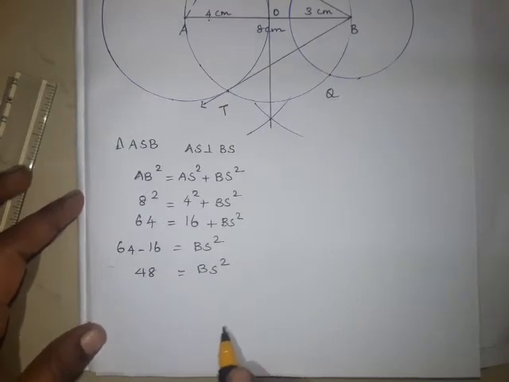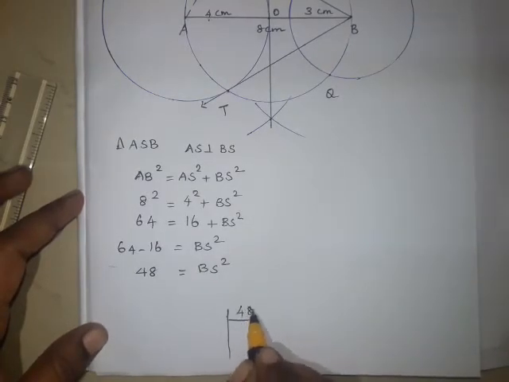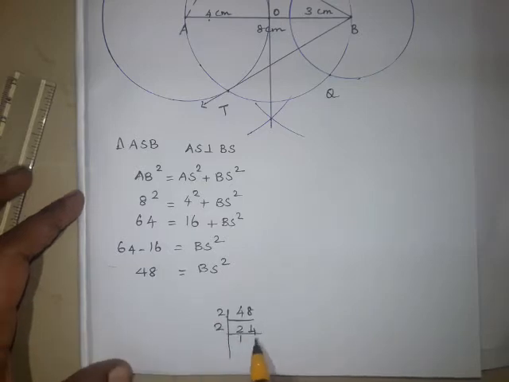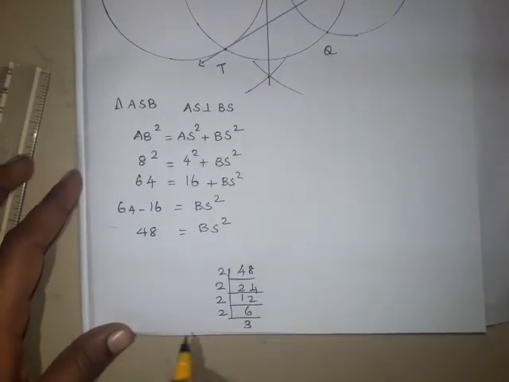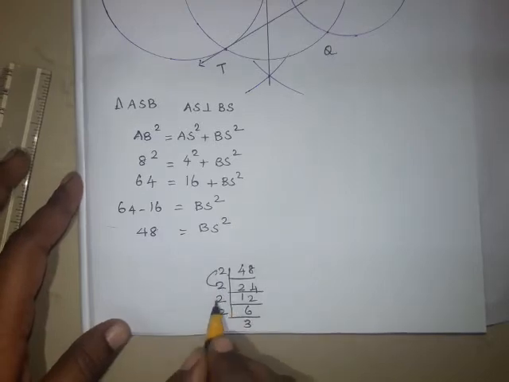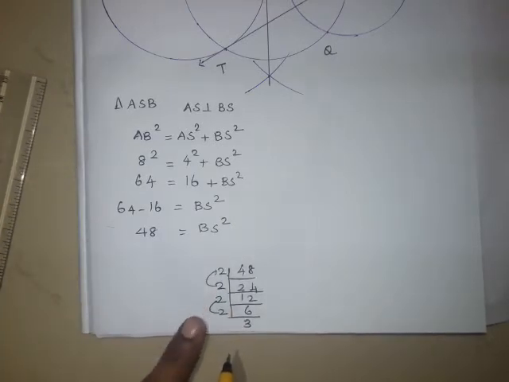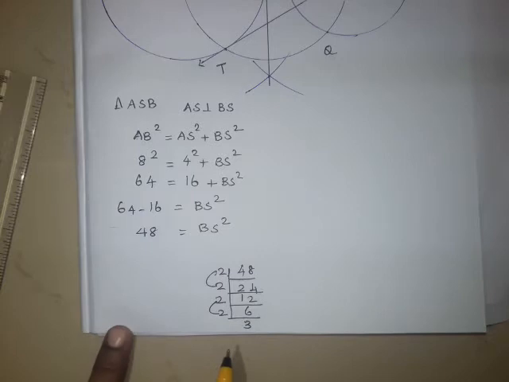Now we can take the square root of 48. 2, 24, then 2, 12, 2, 6, 2, 3. Okay, so instead of 2 2's we can take 2 outside, remaining 3.